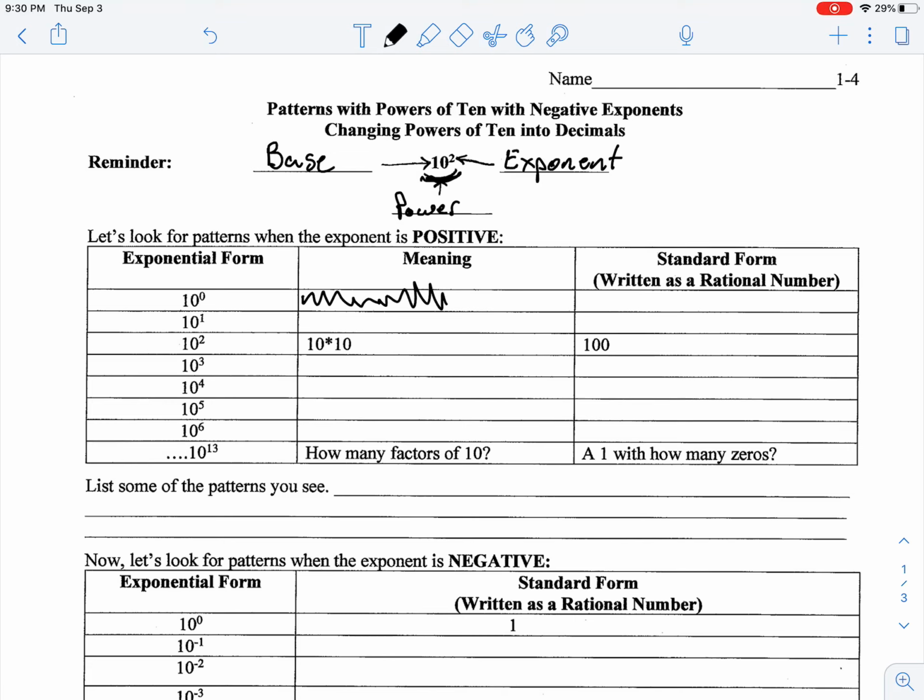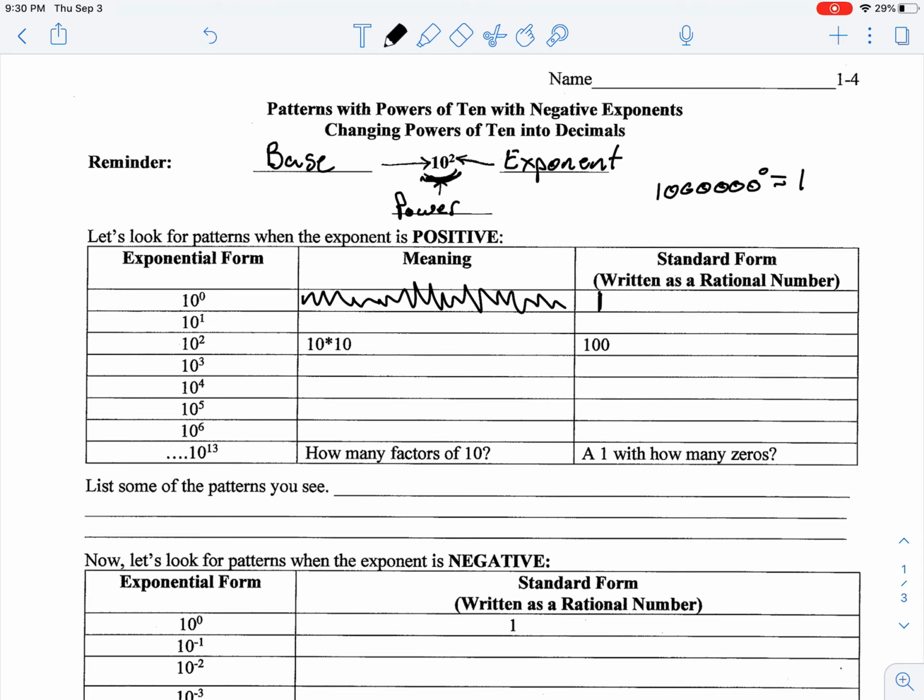But when we take any number to the 0 power, that thing is just going to be 1. I could take 1,000,000 to the 0 power, and it will just be equal to 1. So any number to the 0 power is 1.